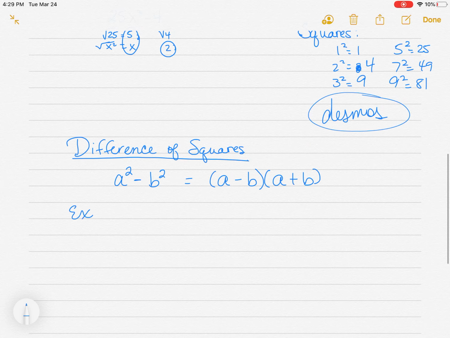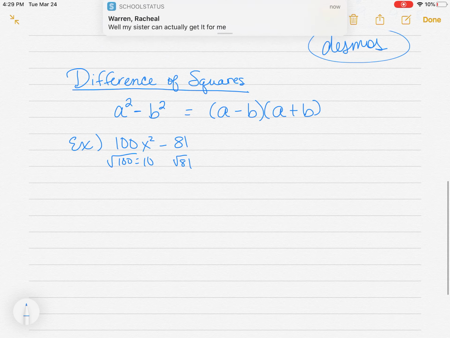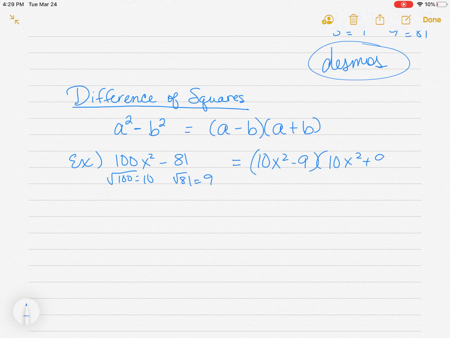So for example, 100x squared minus 81. Well, the square root of 100 is 10. The square root of 81 is 9. And so that's going to be 10x minus 9, 10x plus 9. Okay? It works that way every single time.